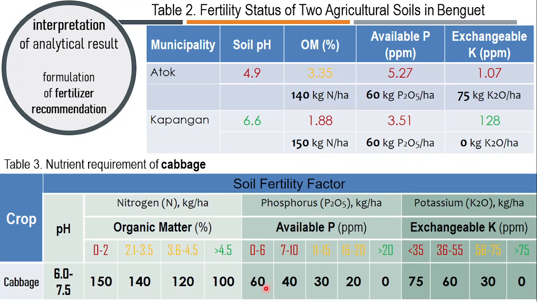That's why the farmer needs to apply 60 kilograms of phosphorus fertilizer per hectare. And then, for the potassium, mataas naman siya. So, it is above 75 ppm, kaya hindi niya kailangang mag-apply ng potassium fertilizer. Okay, so I hope you got that one.